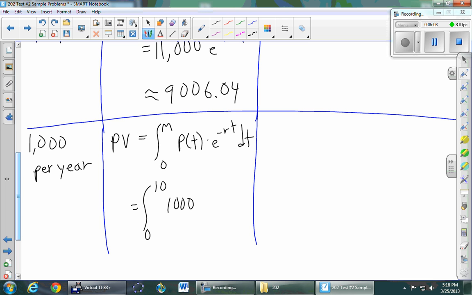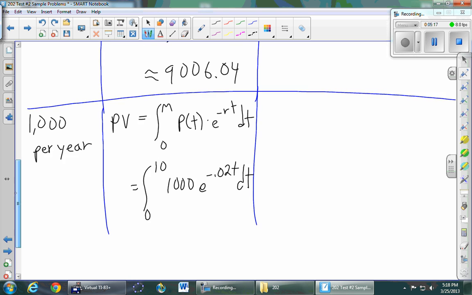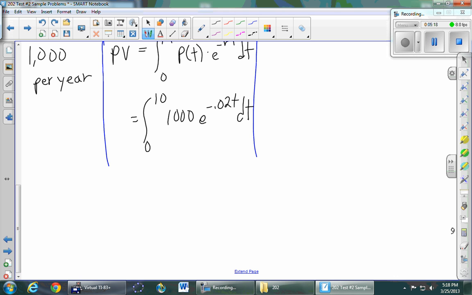In this case, it's just a constant $1,000 per year. E to the negative 0.02 t dt. Maybe good practice to try to find this integral, or at least do the antiderivative without any technology. I'm just going to write down the answer that I got from typing the thing into the calculator. So that's worth $9,063.46 today.